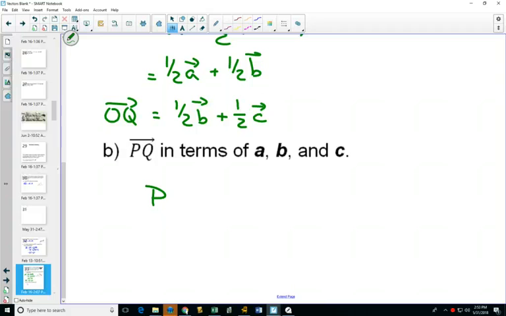Well, to get to PQ, can you see that I could go from P to O and O to Q?